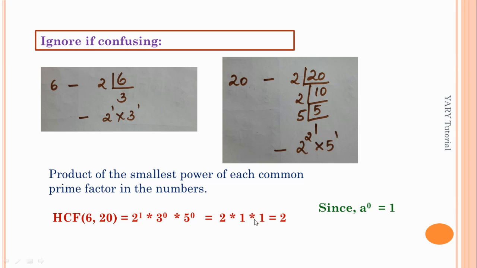So 2 into 1 is equal to 2. So this is how we find the HCF and LCM of two numbers 6 and 20.